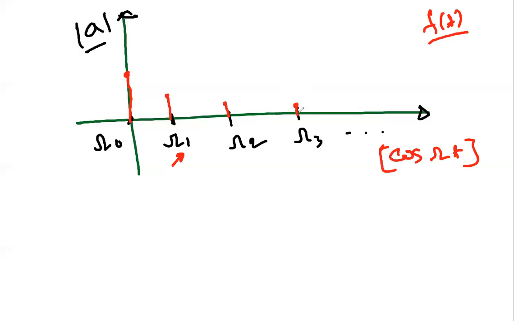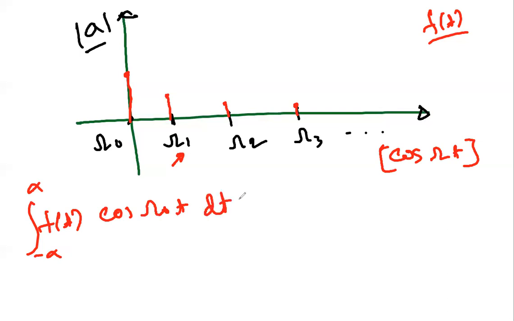What does it mean? It means that when I take FT and try to match with cos omega 0 t, doing this operation from minus infinity to plus infinity for dt, then I got some kind of amplitude, let's say A0, which is equal to, let's say, 0.4. And here is that 0.4.